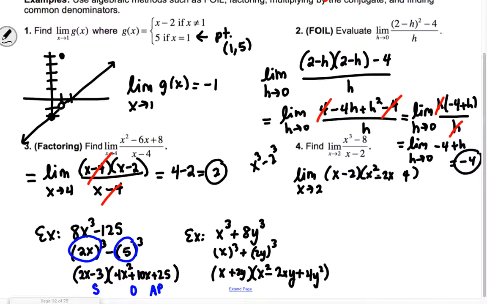So same, opposite, always positive. We divide by x minus 2. So what happens here? The x minus 2's go away. And we can now plug in 2. So when we plug in 2, we get 4 plus 4 plus 4, which is 12. So our answer is 12.